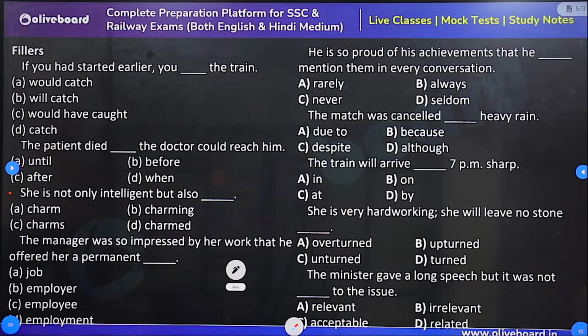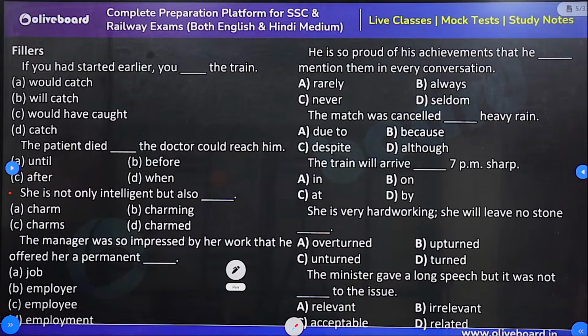Okay, waiting for the answers for that one. The train will arrive blank space sharp. Nitish, exactly. Yes.